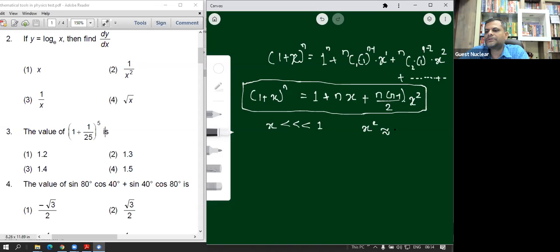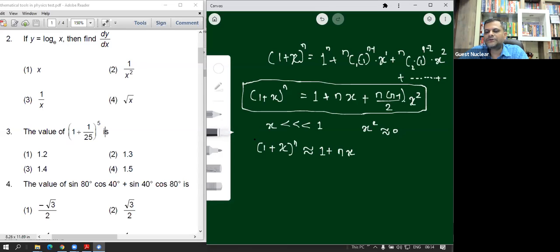So x square will also be nearly equal to 0, and in that case we can just neglect this third term also. And when this third term is also neglected, what we can say is (1 plus x) the whole raised to n is approximately going to be equal to 1 plus nx only.